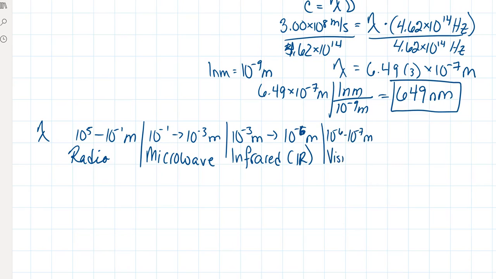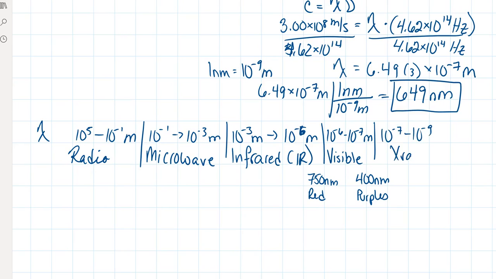This is where we have our visible light. And we'll see that my reds are closer to 750 nanometers, and that our purples are down around 400 nanometers. And then from there, we start getting a little bit smaller each time. So we're around 10 to the negative 7th, between 10 to the negative 8th and 9th.